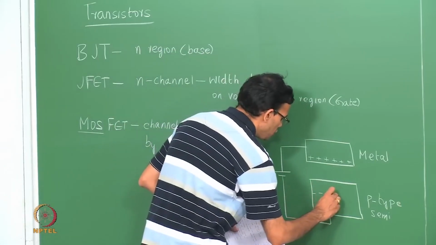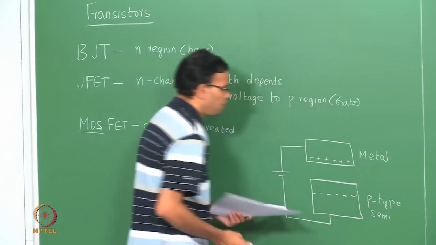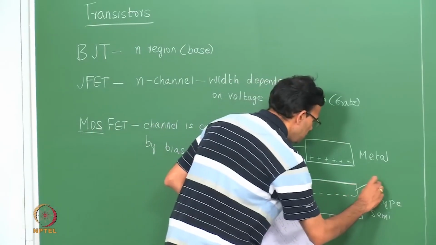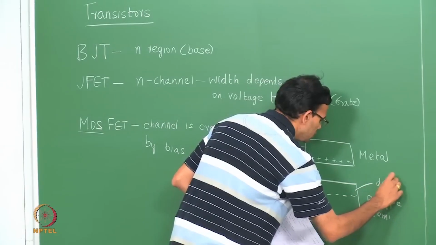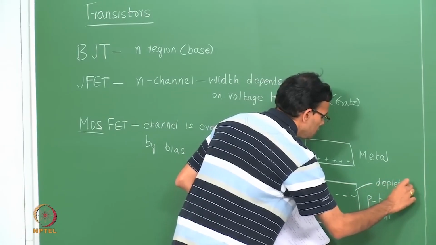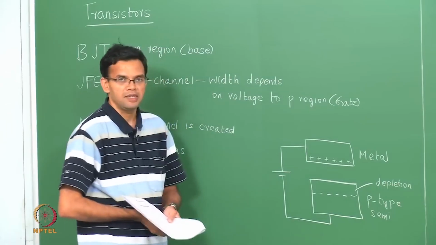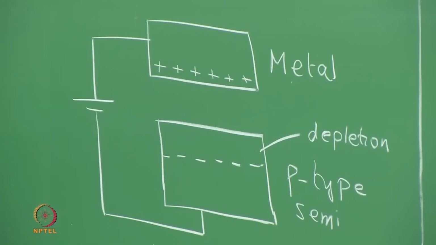So we have two regions. We define one region that we called a depletion region. In the depletion region, the material is still p-type, but the concentration of holes is less than Na, which is your acceptor concentration.